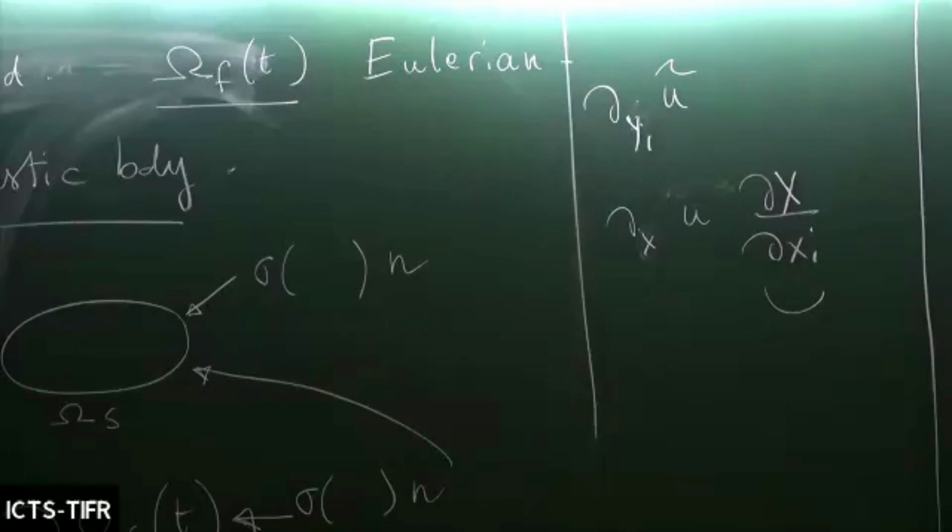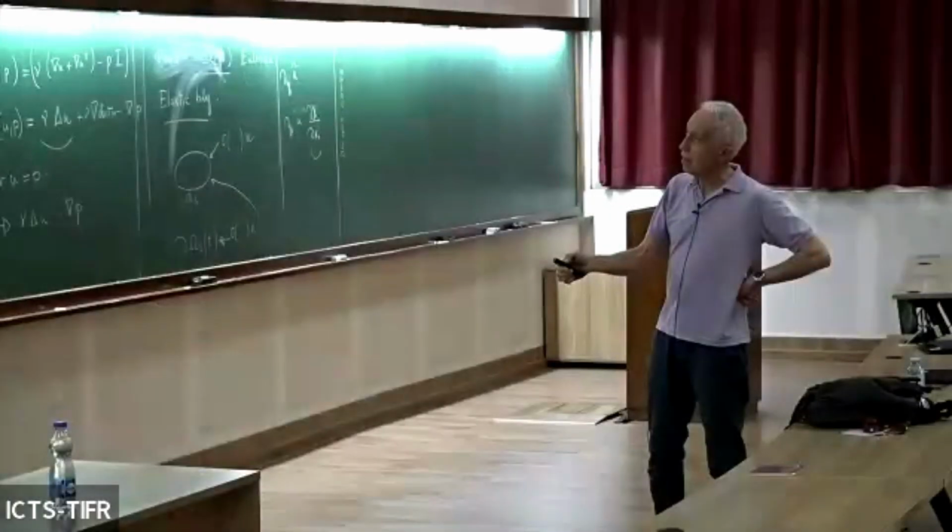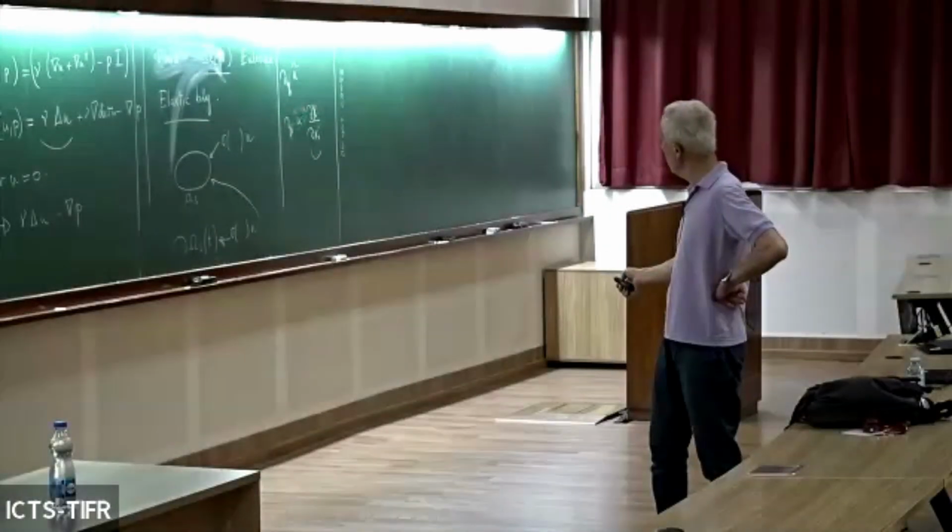I start from this identity. So I take the derivative here. I compute the derivative of U with respect to X and X with respect to Y, okay?